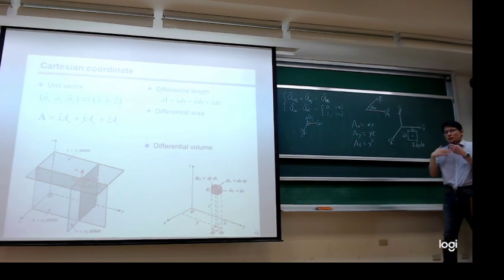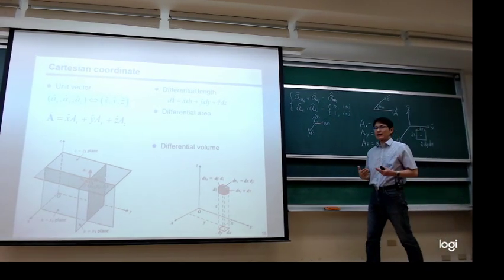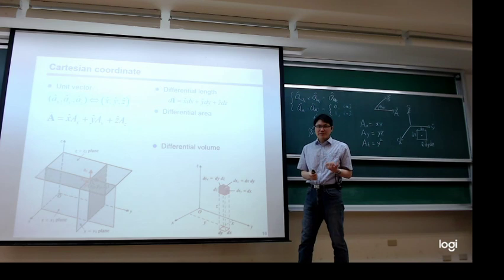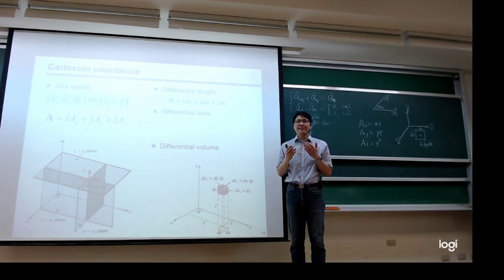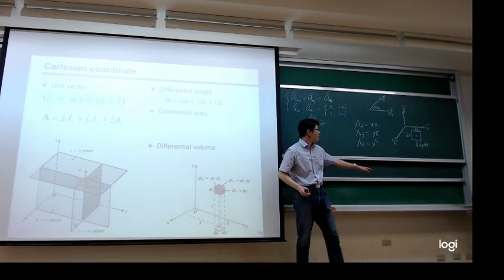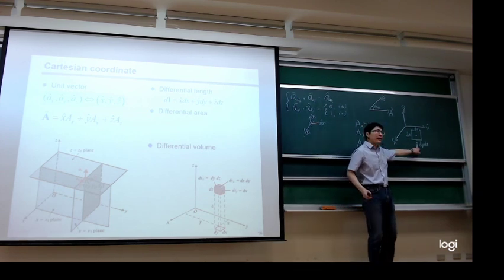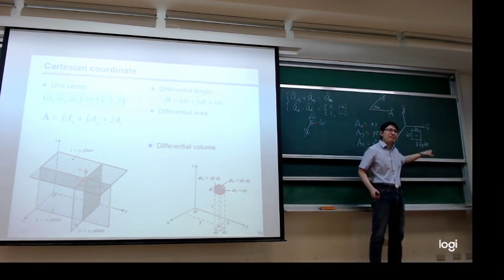So this is what I'm trying to repeatedly emphasize. A surface is a vector. It has its own direction and its magnitude. The magnitude is called the area.